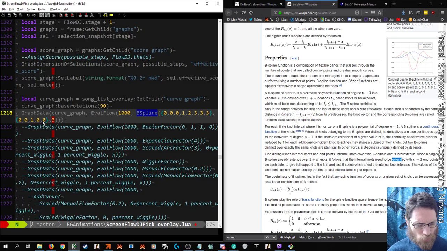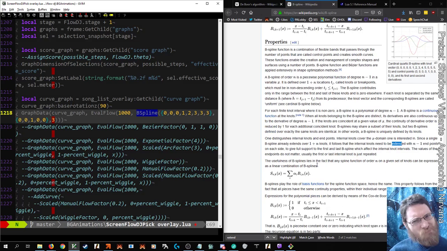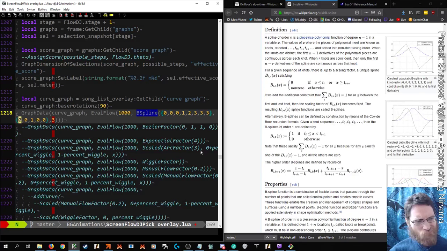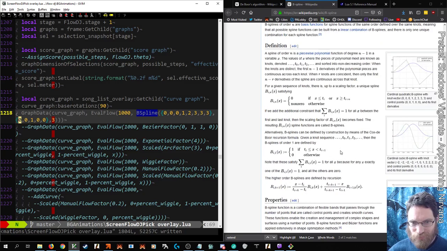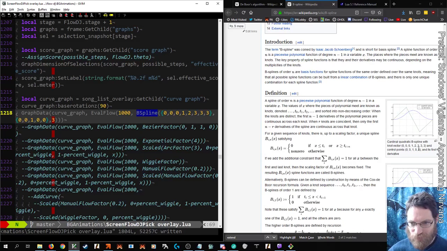But then our control points are like n plus 2. Yeah, so the annoying thing is here, they don't define what the n is for this.